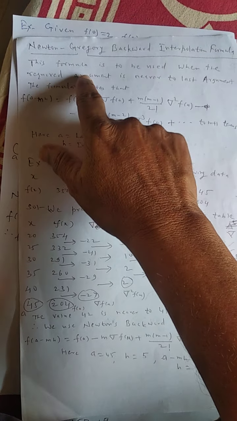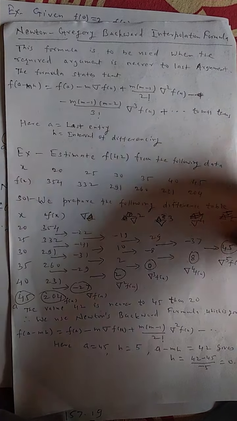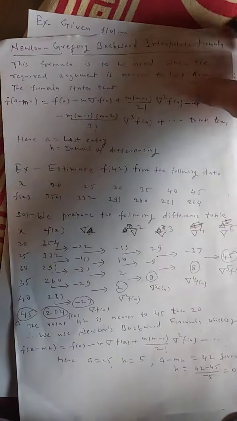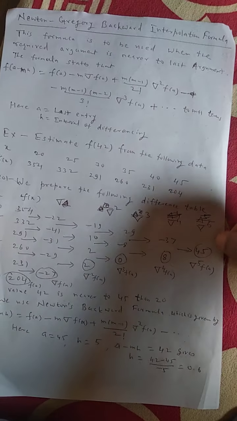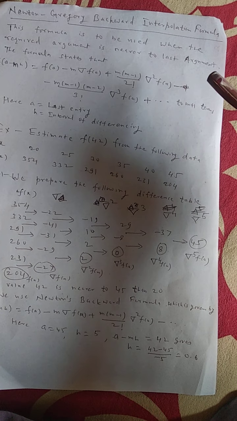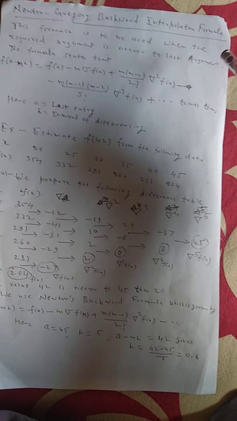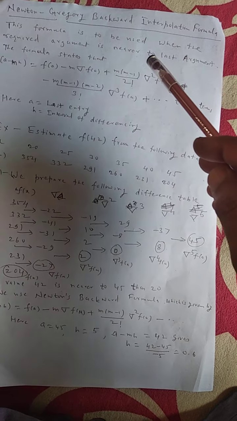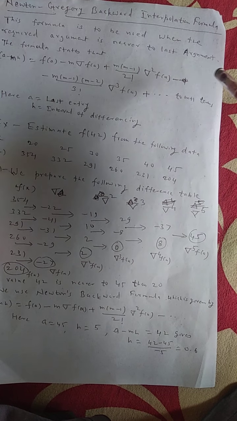The first sentence is, this formula is to be used when the required argument is nearer to the last argument. The forward formula we use when the required argument is nearer to the first argument.